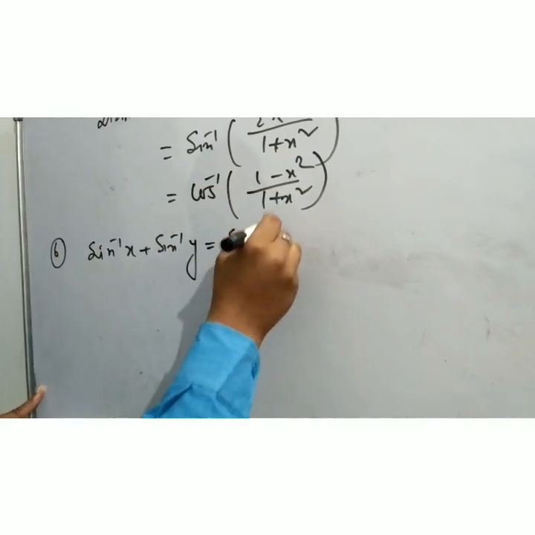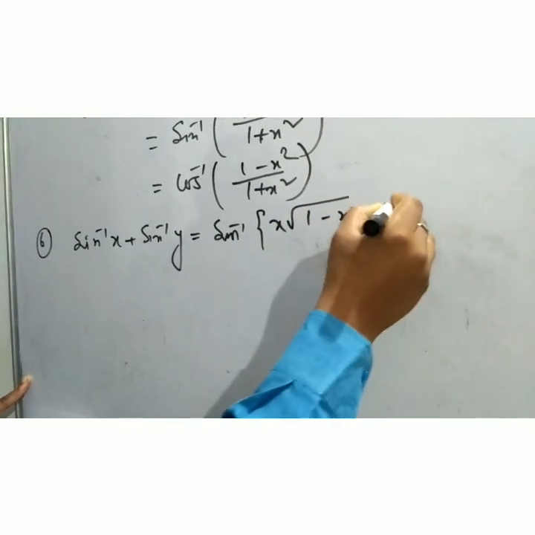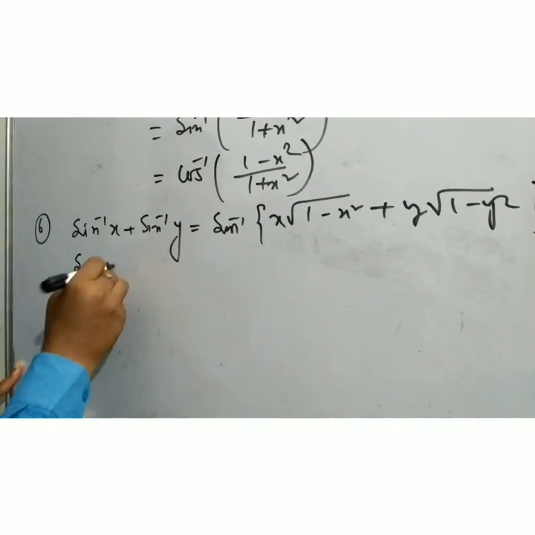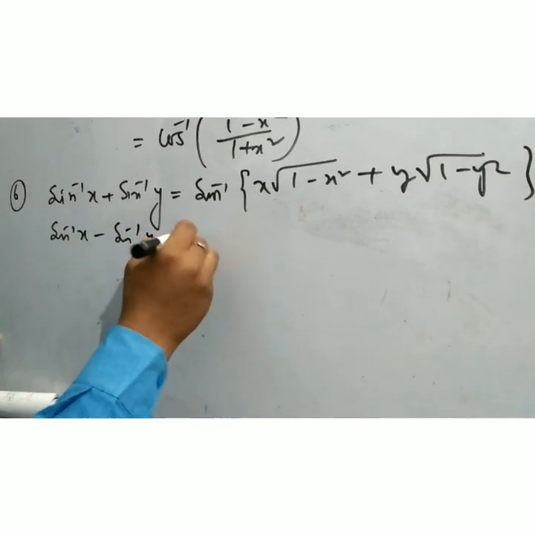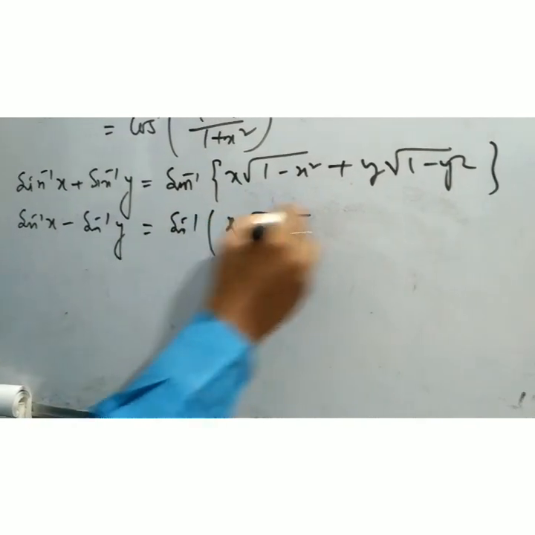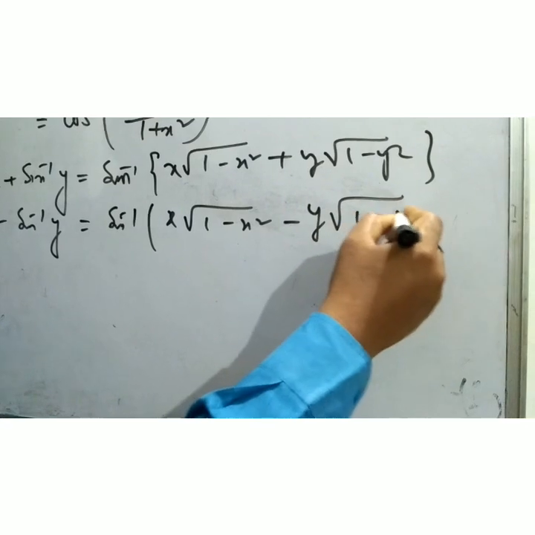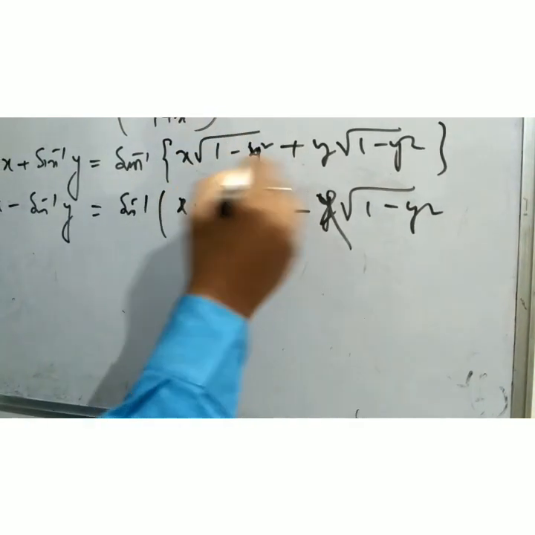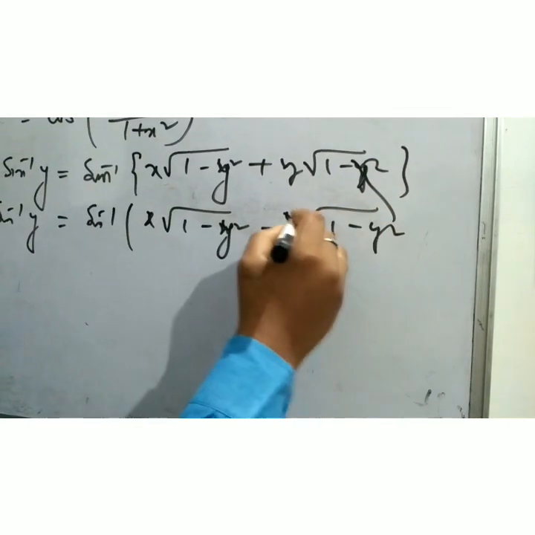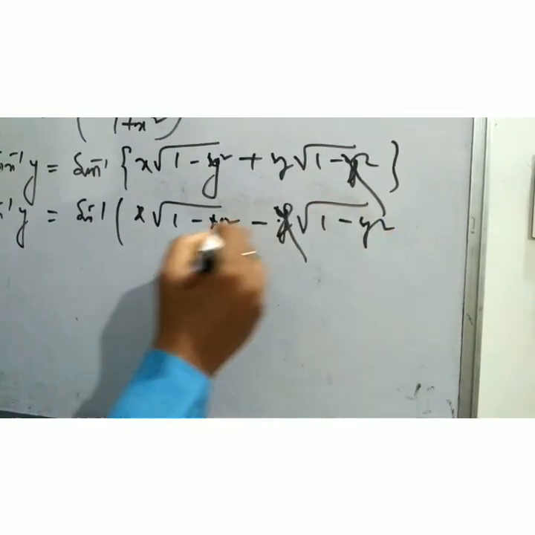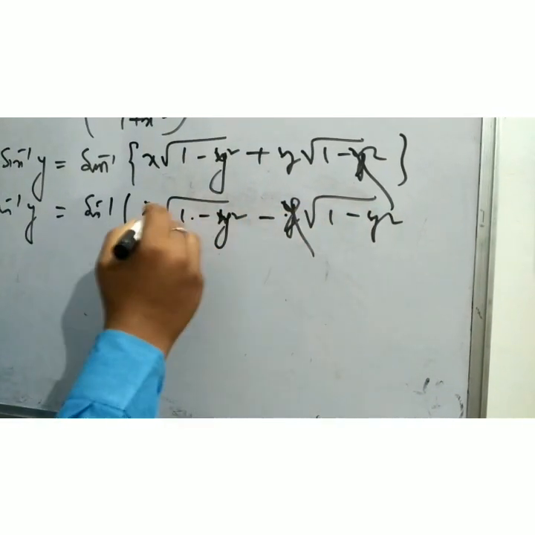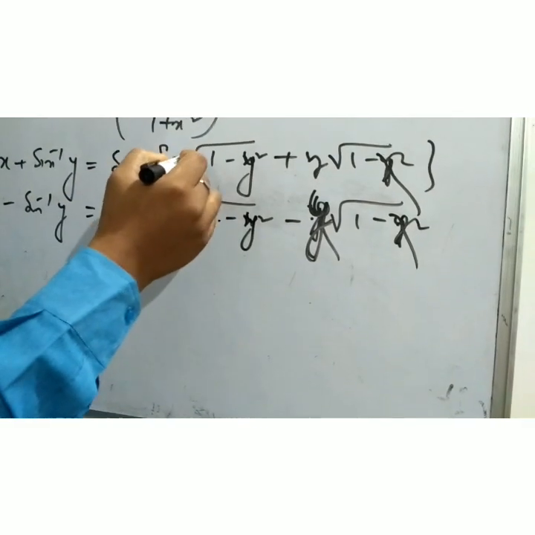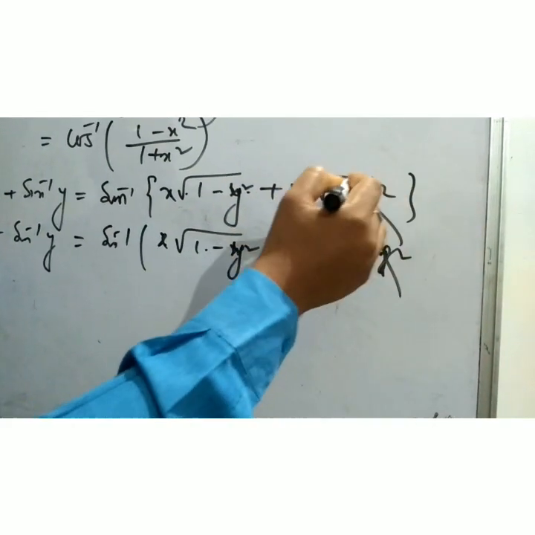This formula is very important: sin inverse of x root over 1 minus y square plus y root over 1 minus x square.